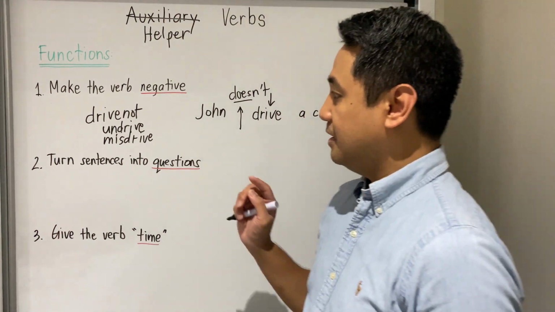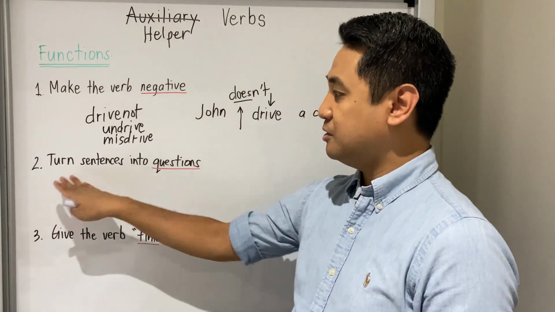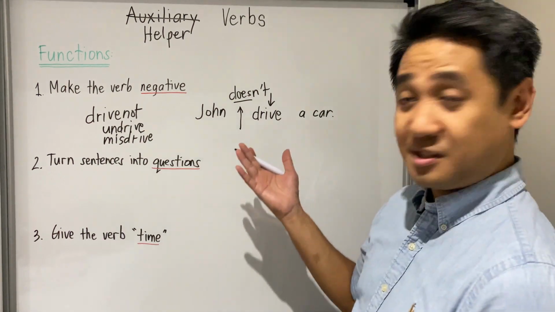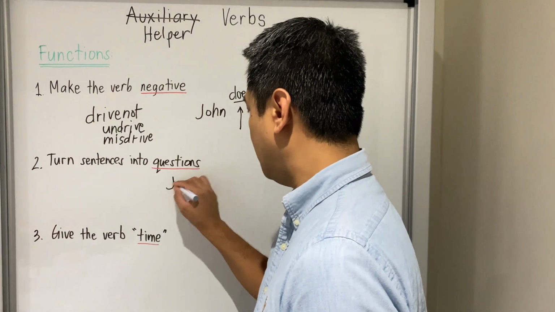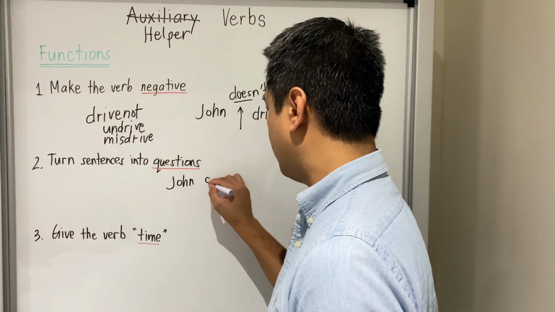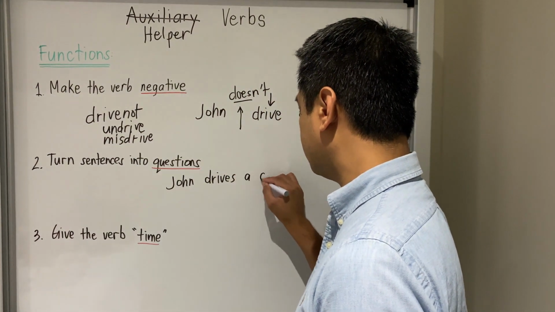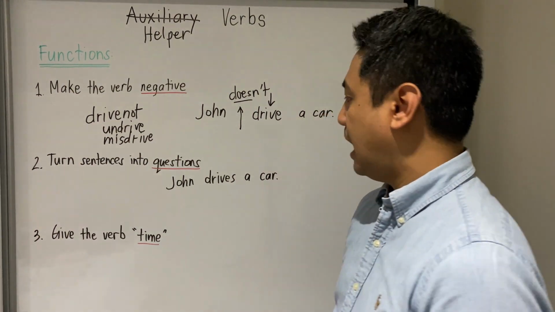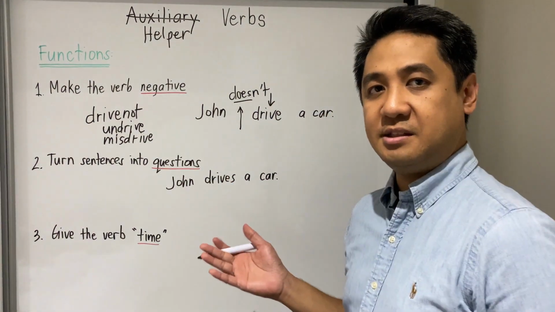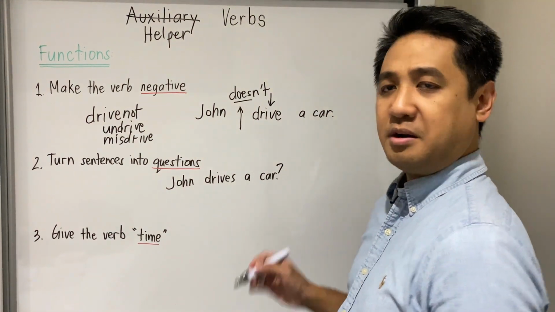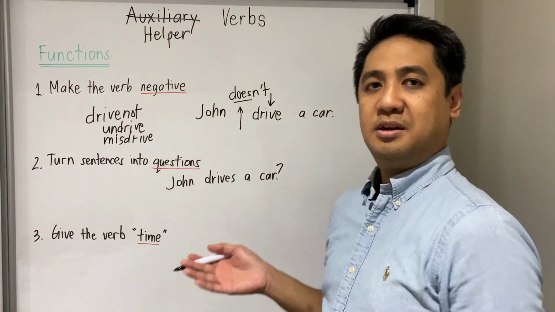Second way is that helper verbs turn sentences into questions. Let's use the same sentence. John drives a car. Now, if we want to make this sentence into a question, do we just change the full stop into a question mark? John drives a car?